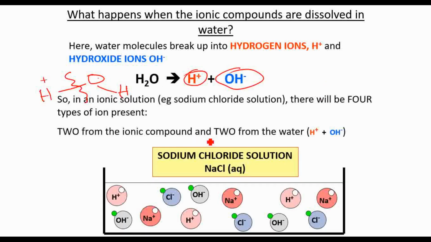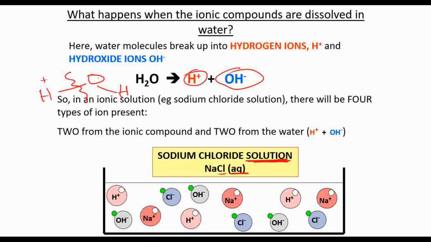So if I now have an aqueous solution, I will no longer have 2 ions, as mentioned previously. I will now have 4 ions: my sodium ions, my hydroxide ions from my water, my chloride ions from my sodium chloride, and my hydrogen ions from my water. So now you have 4 ions.